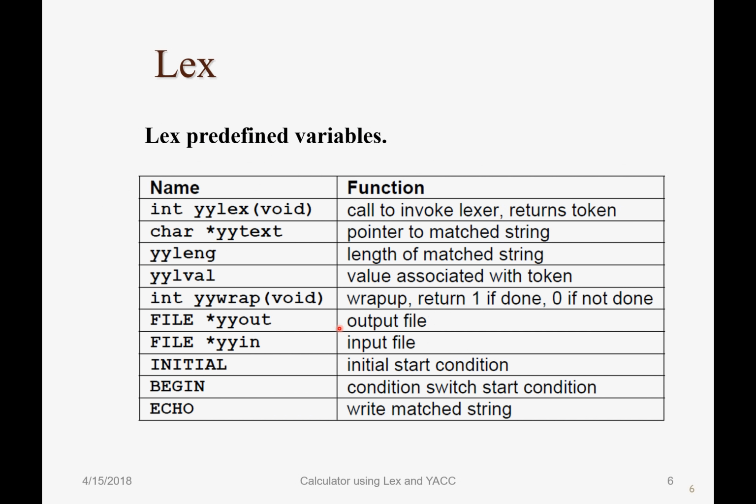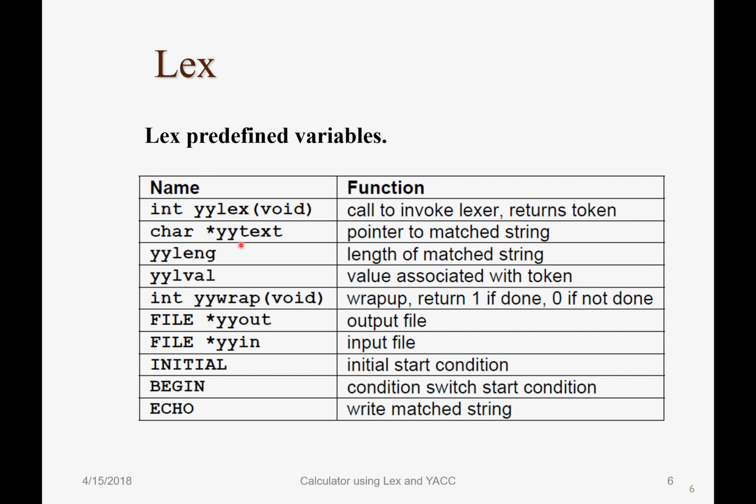In LEX there are some functions, yylex and yywrap, and some variables like yytext, yylval, and yyleng. First, what is yylex? It calls or invokes the lexical analyzer and returns tokens. This is an inbuilt function of LEX.